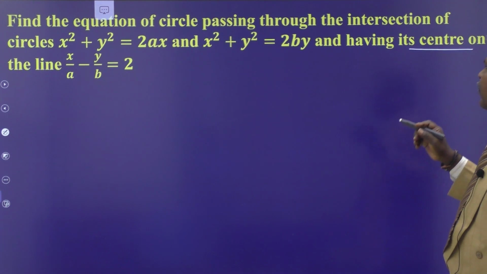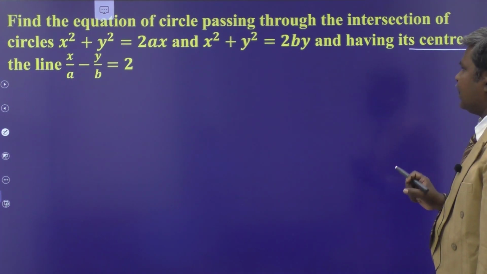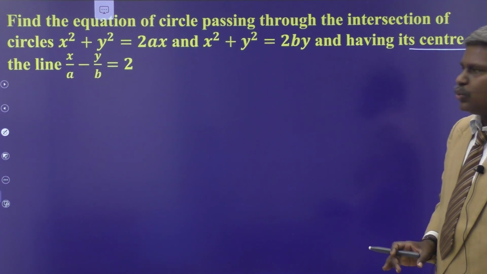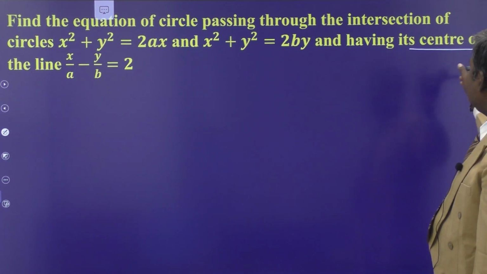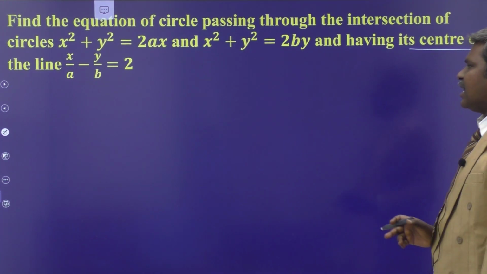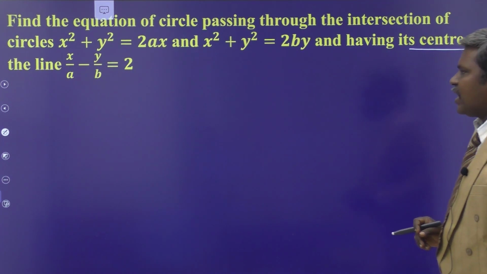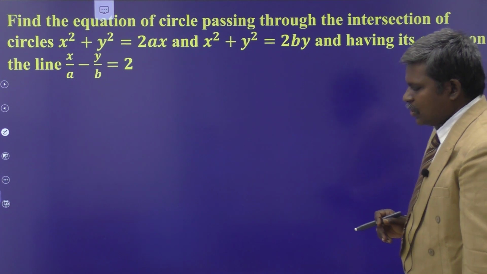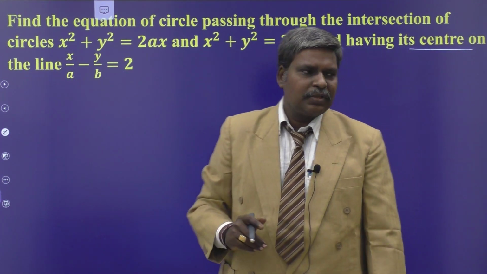So here we are going to find out the equation of circle that is passing through the point of intersection of the two circles and its center lies on the line x by a minus y by b is equals to 2.